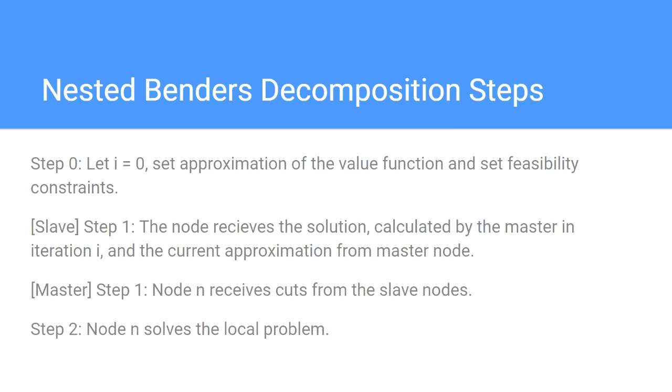So the slave receives the data from the master node, and the master node at step 1 receives cuts from the slave nodes. So they are both at step 1 passing information to other nodes. Then at step 2, these nodes solve the local problem they are trying to solve at the moment.